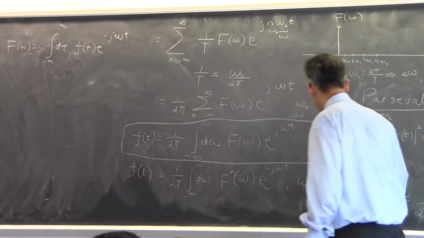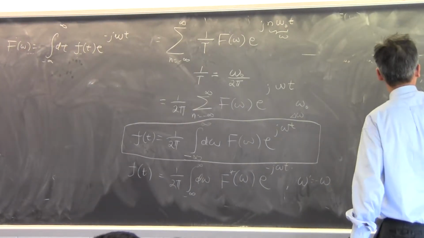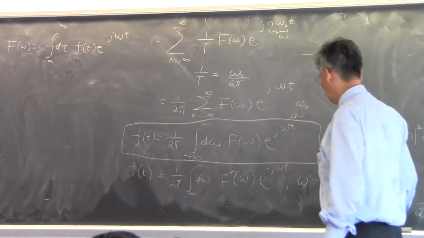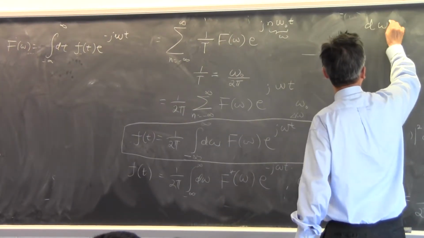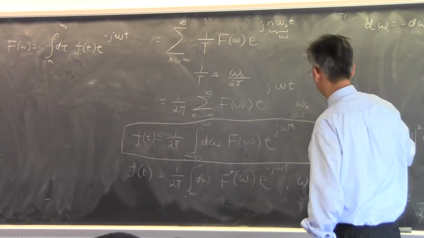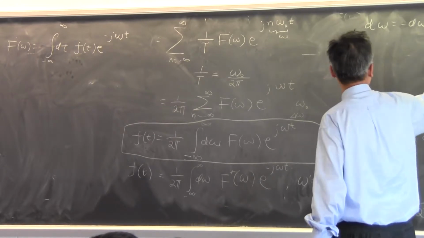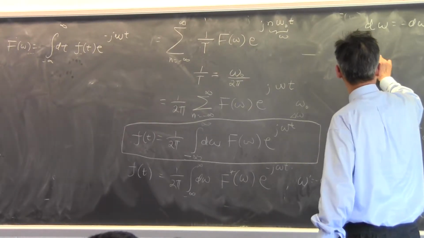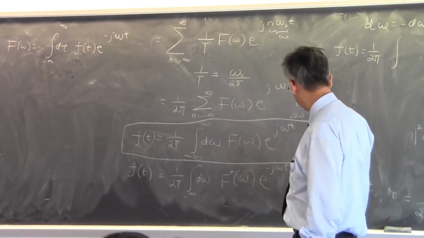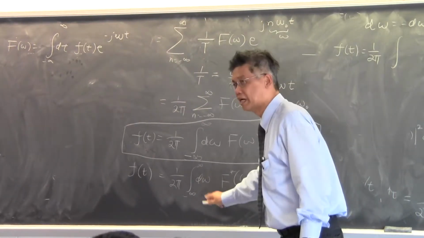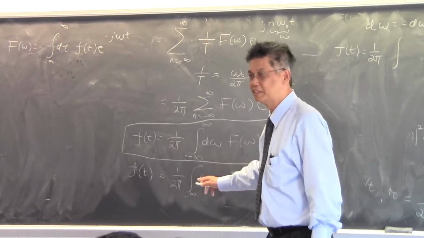Then d omega is equal to minus d omega prime, and f of t is equal to 1 over 2 pi, and the range of integration goes from infinity to minus infinity.